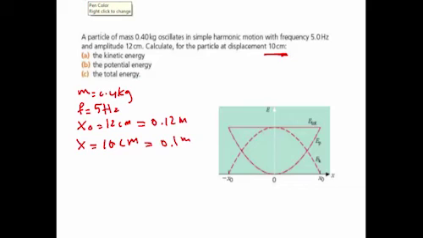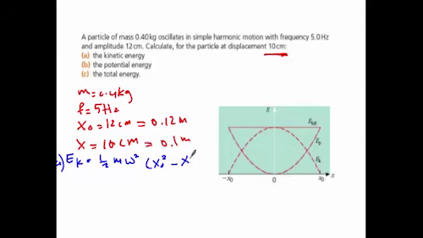So let's write the equation for kinetic energy, which is equal to, at any distance, half m omega square x naught square minus x square. Substituting half, our m is 0.4, our omega is, okay, now we have to calculate omega.